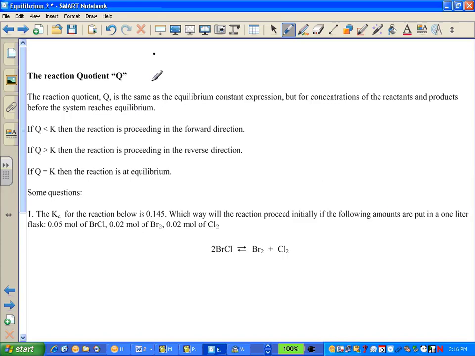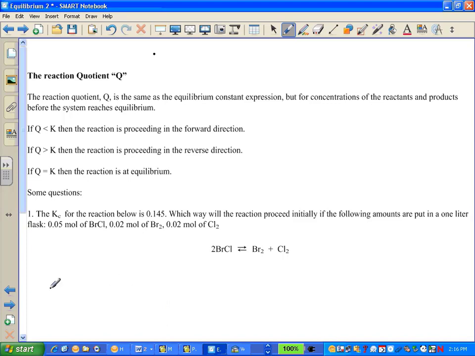When we talk about the reaction quotient Q, essentially what it's going to be is the exact same expression as the equilibrium constant expression. Whenever the system is not at equilibrium, we call it Q instead of calling it K. Or if we're not sure, we call it Q. So let's look at this example here.